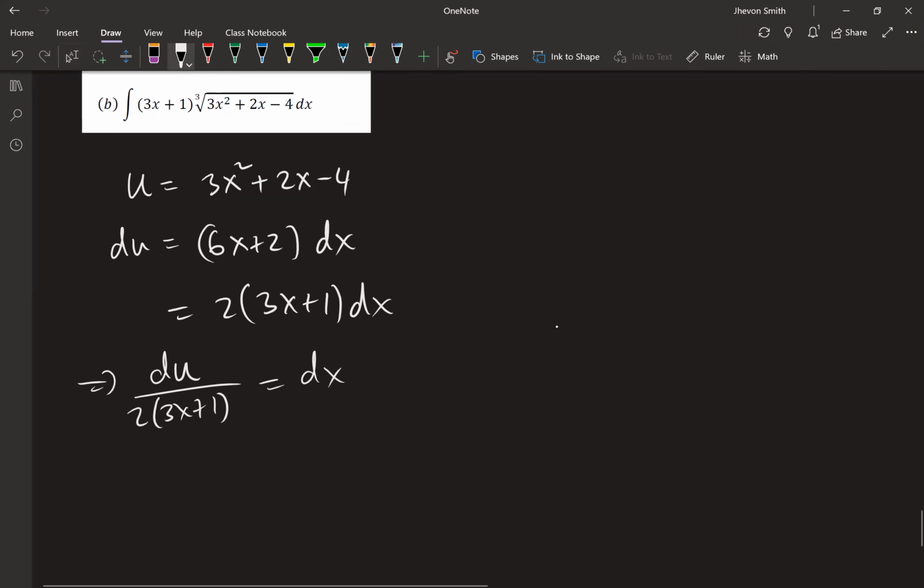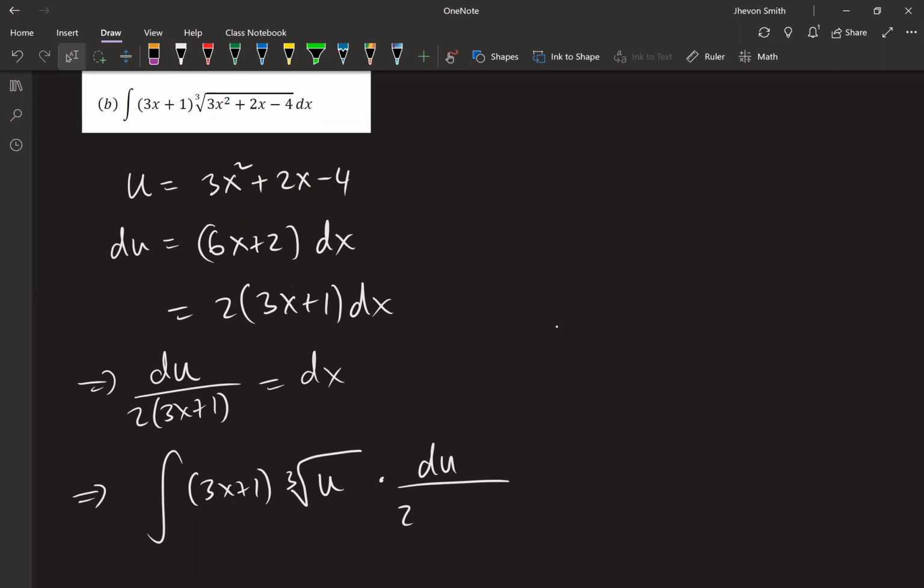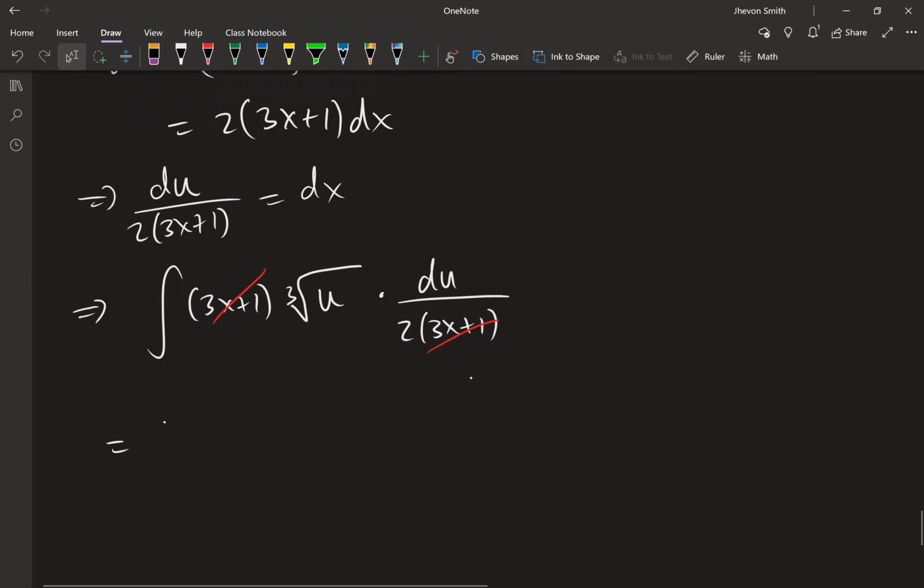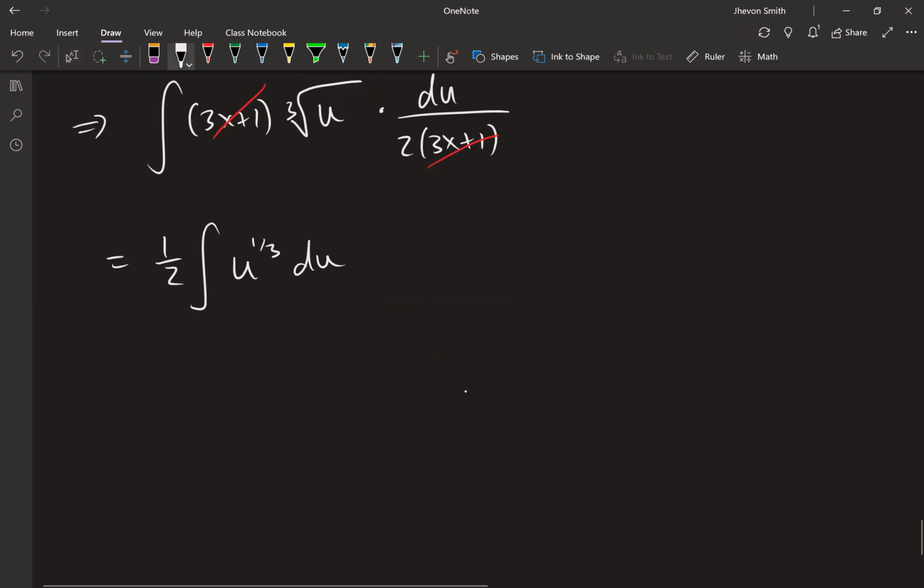So now when you go back and you plug it into this integral, you'd have that 3x plus 1 times the cube root of u times du over 2 times the 3x plus 1. And of course, the 3x plus 1s would cancel. And so it's just like you can factor out a half. Okay. So this will be a half times the integral of u to the 1/3. And so this will be like 1/2 times, add 1 to the power, it's 4/3 divided by the new power.